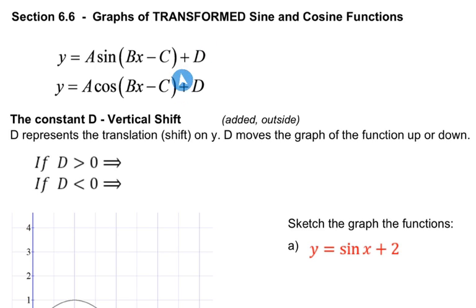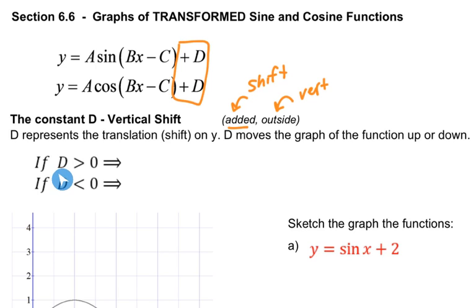So we're going to talk about each of these pieces separately. First, we're going to talk about this D. So D, you'll notice here, D is added. Added lets me think, okay, well, this is a shift and it's on the outside, which lets me know it's a vertical shift. So remember, when things are on the outside, they behave the way we expect.